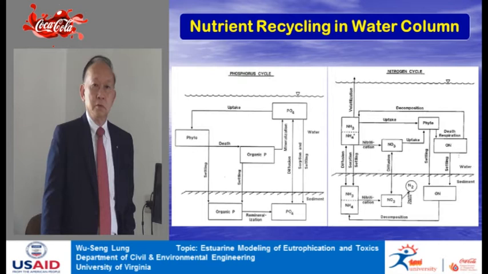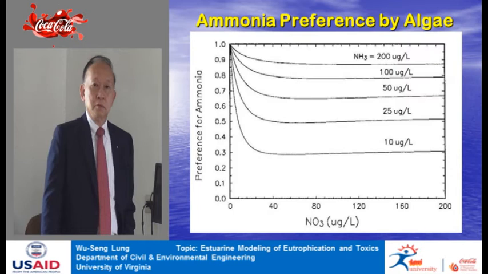But they are all taken up by phytoplankton. And then the organic, just like the organic P here, also has sediment. This line is a water-sediment interface. Since nitrogen, inorganic nitrogen has two components for algae to use.